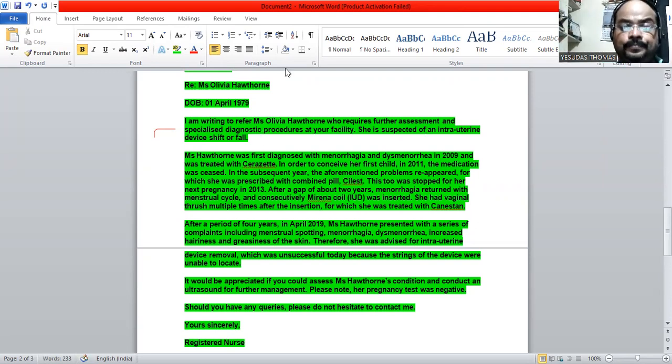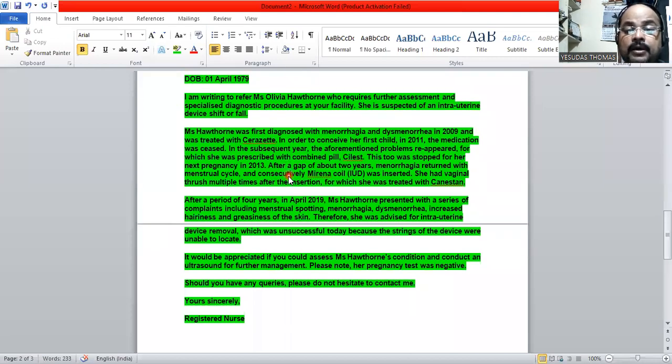Now, if I move further, I have to say something about the medical condition which has led to the intrauterine device insertion, and later what has led to its removal.